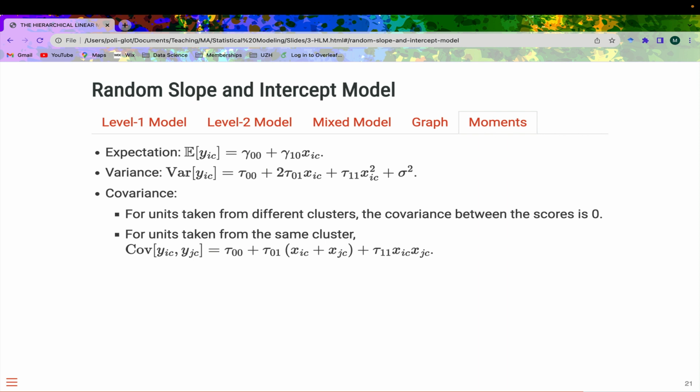But if we take 2 individuals from exactly the same country, then the covariance between respondent i and respondent j from that country c is equal to tau 0,0 plus tau 0,1 times the sum of their x's plus tau 1,1 times the product of their x's. And that is typically not equal to 0.